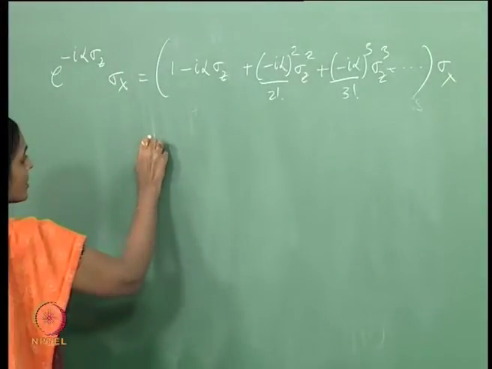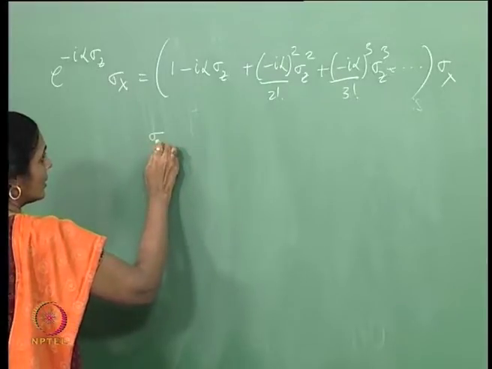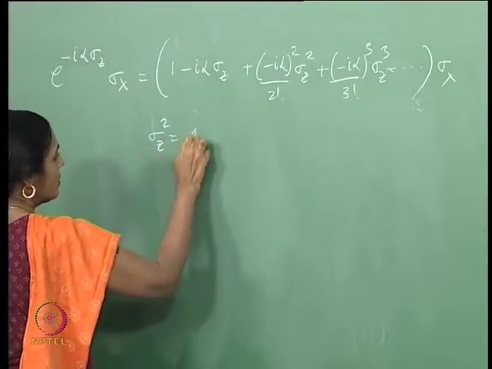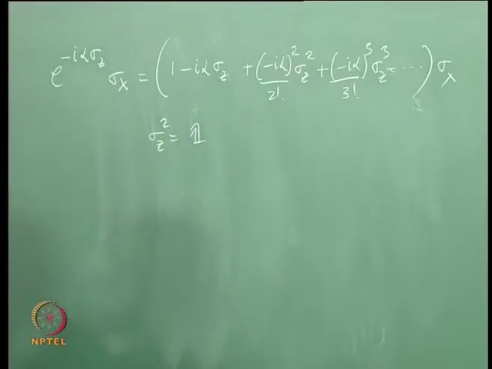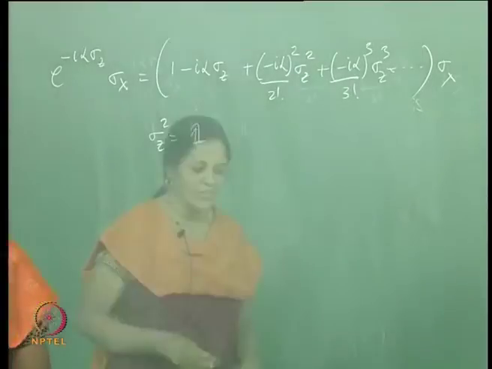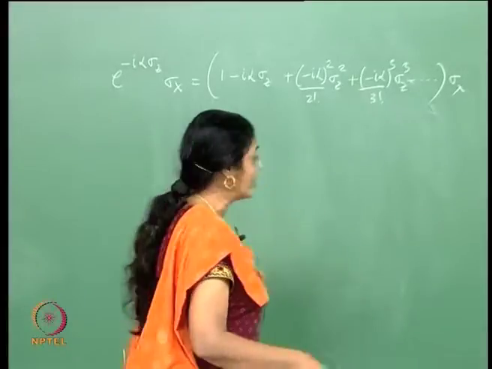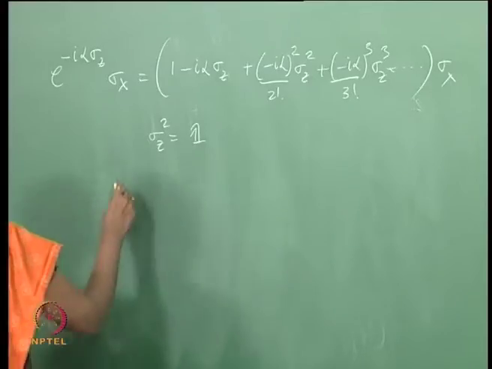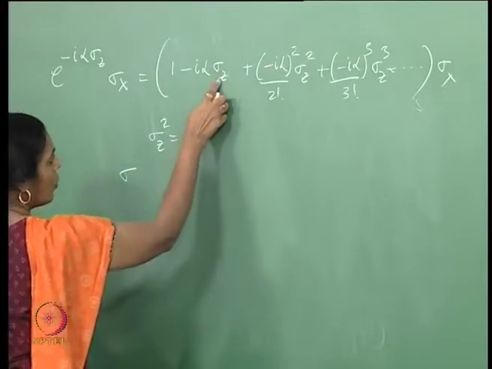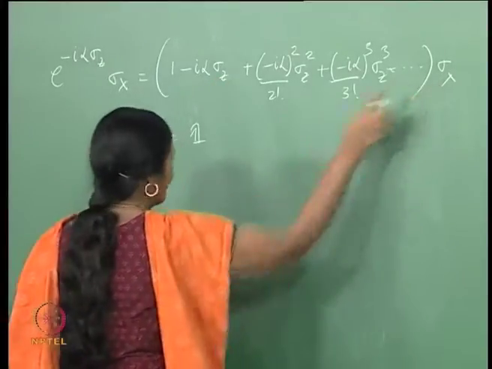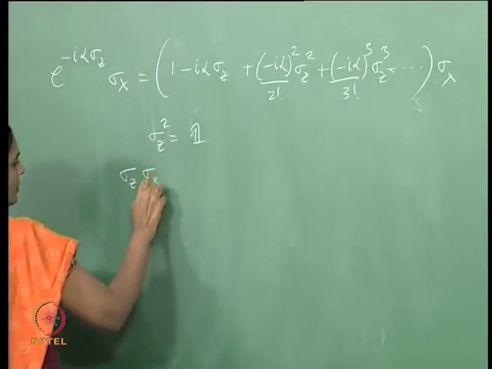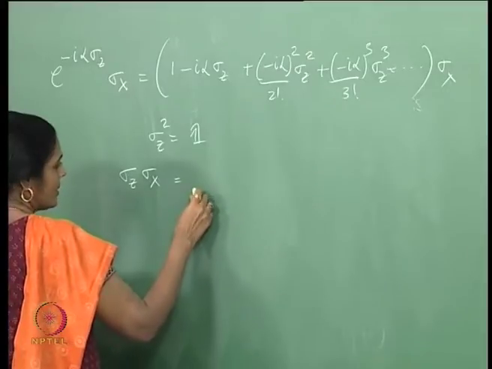But then I understand the following: sigma z squared is simply the identity operator. You can explicitly check this out by substituting the matrix 1 0 0 minus 1 for sigma z. I will also need to find sigma z sigma x. Sigma z sigma x is I sigma y.